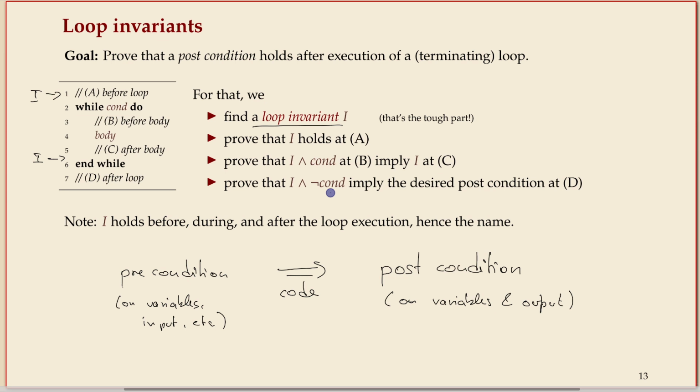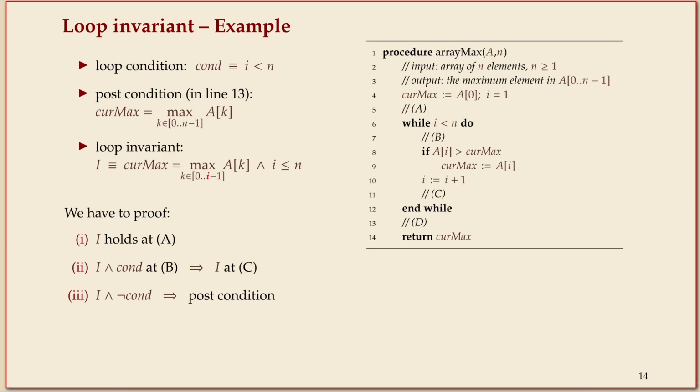And finally, if you have the invariant after the loop, then together with the statement that the while loop does not continue, it must give you the postcondition you wanted. Okay? Let's see a concrete example for this one, and maybe that becomes a bit clearer.